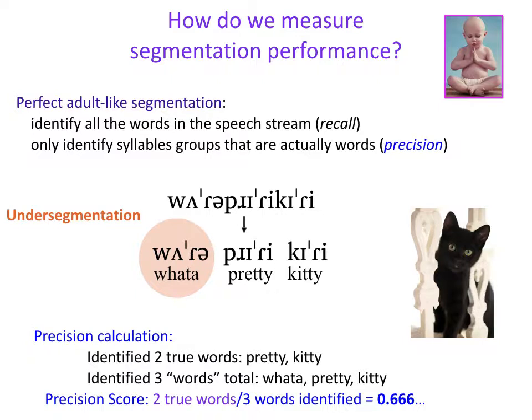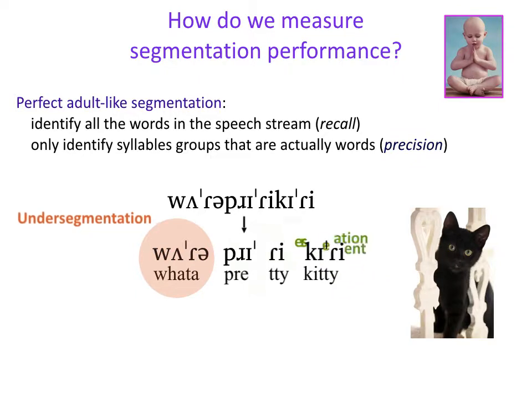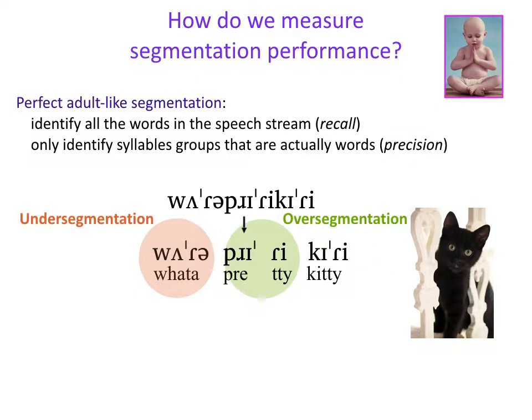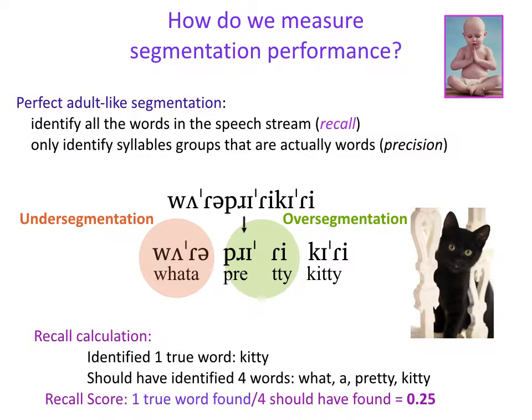So you can see how even just one simple under-segmentation error in this case can really drop your precision and your recall. In fact, what happens if we also add in an over-segmentation error where you're splitting up the word "pretty" into 2 pieces? What does that do? Well, let's look at it again. Recall. You've guessed 4 things: "whata," the two pieces of "pretty," and "kitty." How many of these are actually true words?